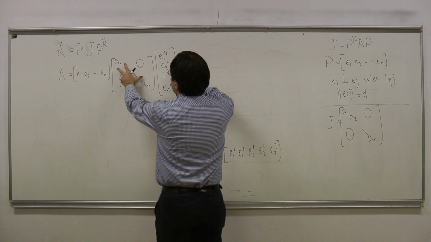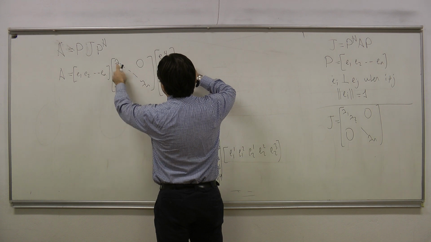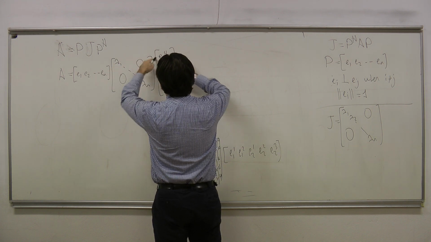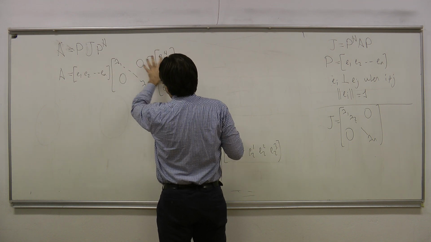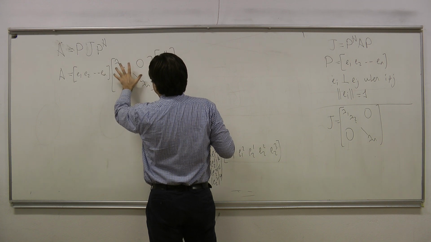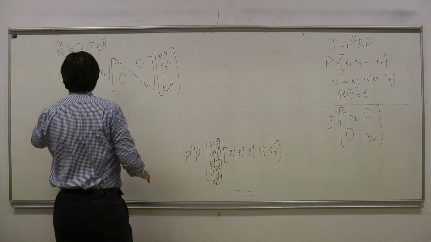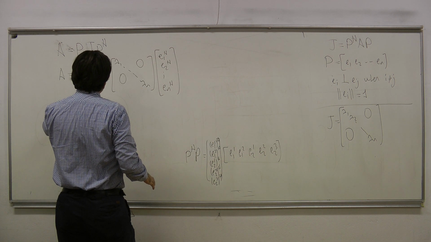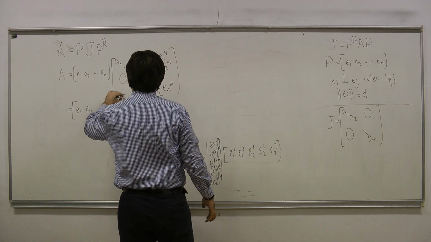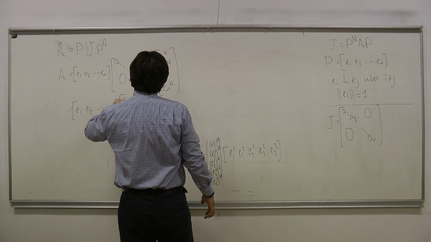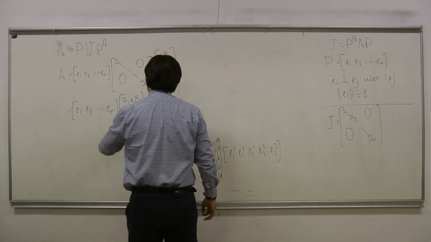If I multiply this diagonal matrix with this matrix, the diagonal matrix will multiply each row of this matrix with the corresponding eigenvalue. Multiplying a matrix with a diagonal matrix from the left will multiply each row with the corresponding diagonal element. So this multiplication gives lambda 1 E1 Hermitian, lambda 2 E2 Hermitian, going until lambda n En Hermitian.